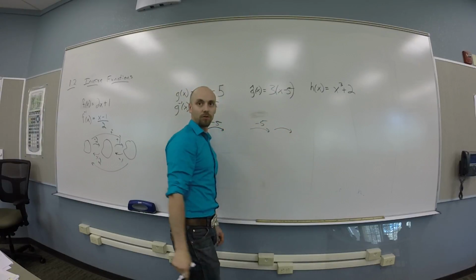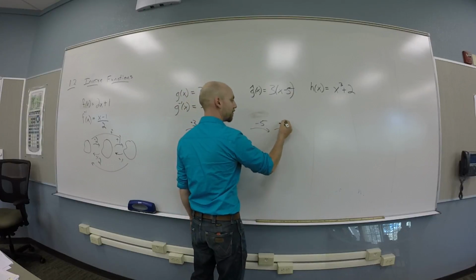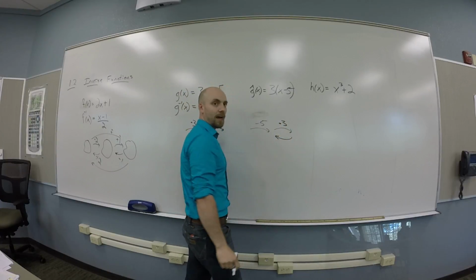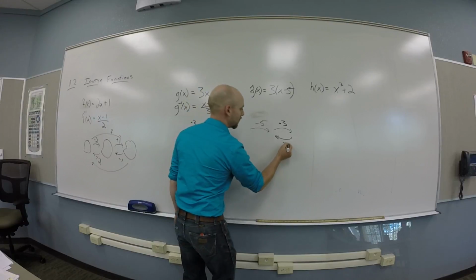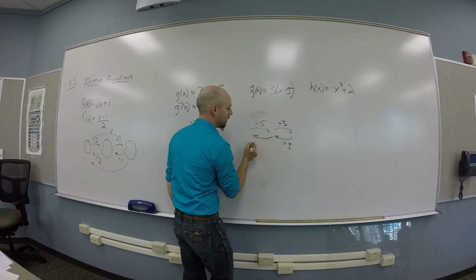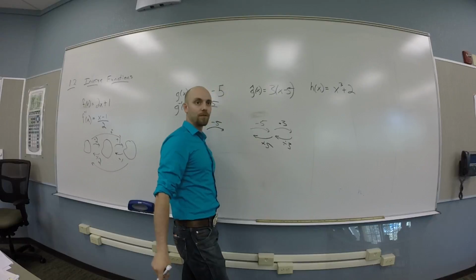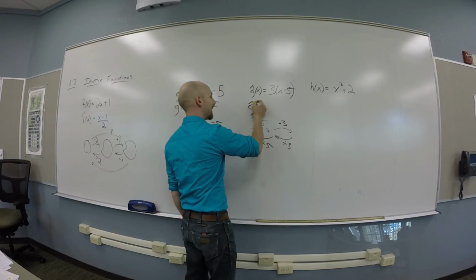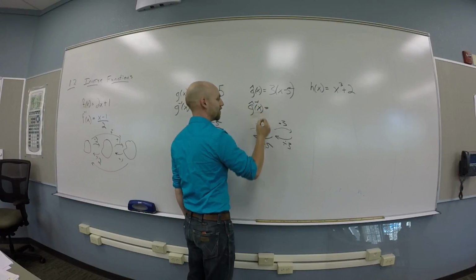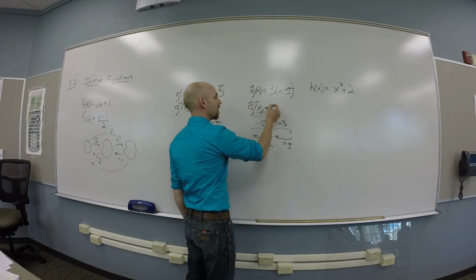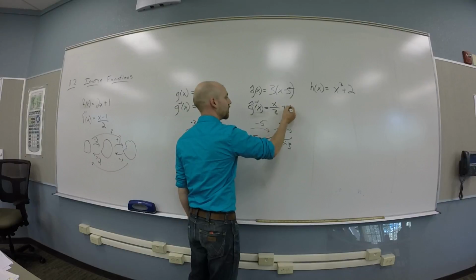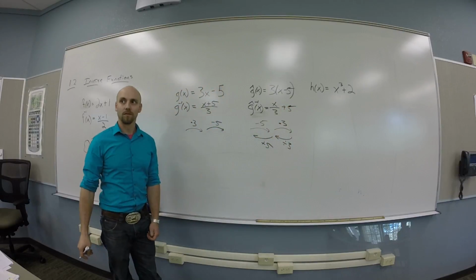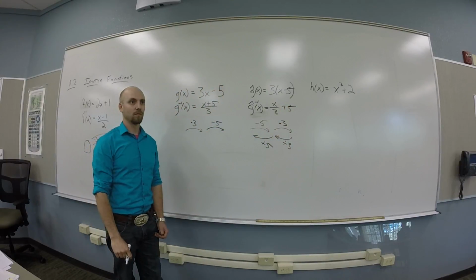Then I'm going to multiply by 3. So to undo that, I should divide by 3 and then add 5. Boom. Okay. So g hat inverse of x would be x over 3 plus 5. Nice.